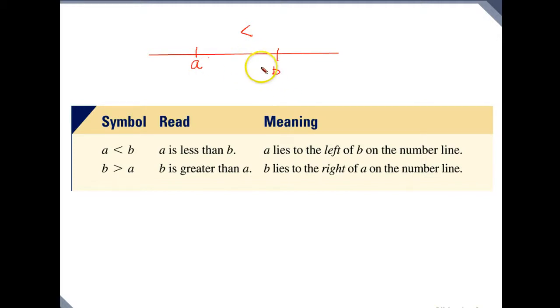So reading it this way, B is greater. The open side is toward the greater. The point is toward the left. So we'd say B is greater than A. It's the relative position on the number line. Anything to the left is less than anything to the right.